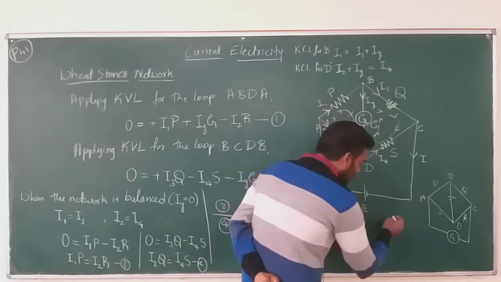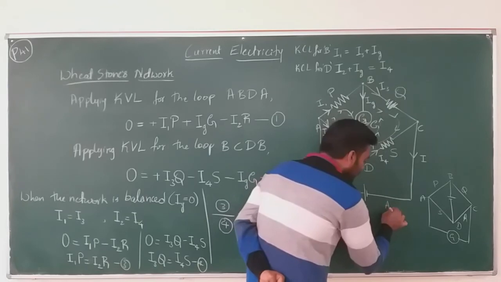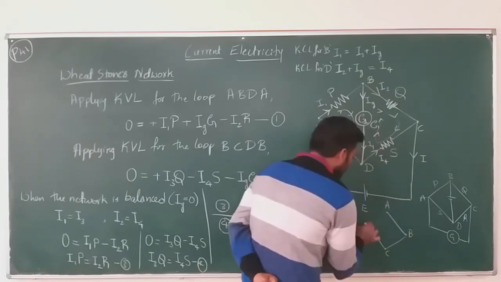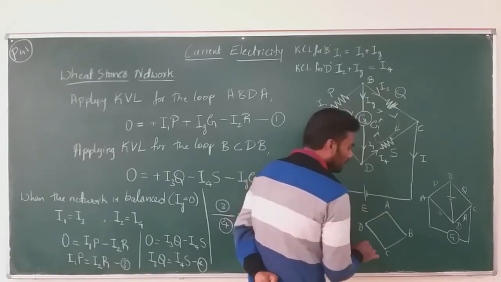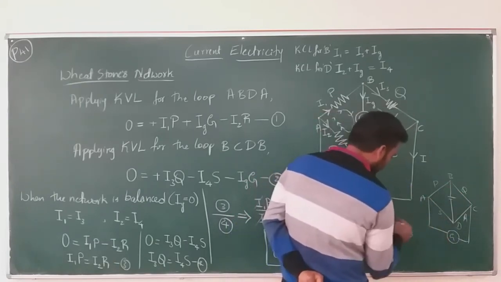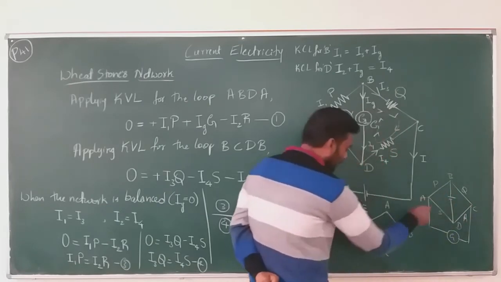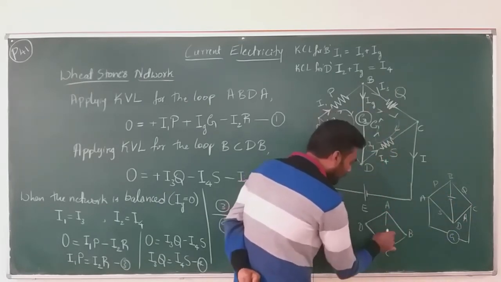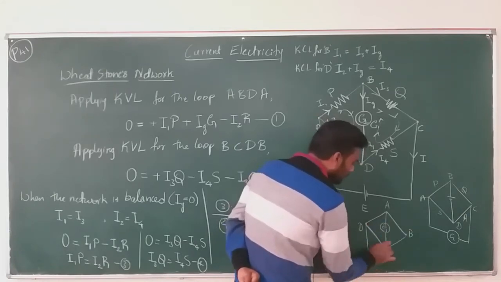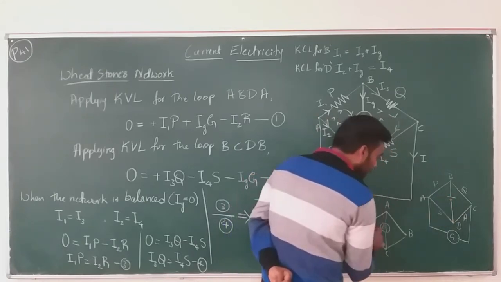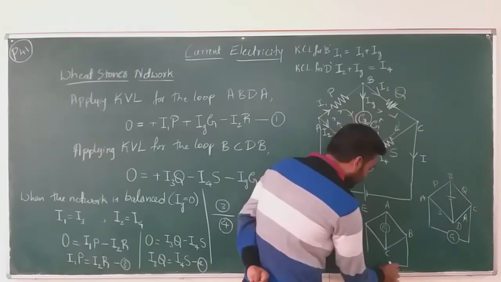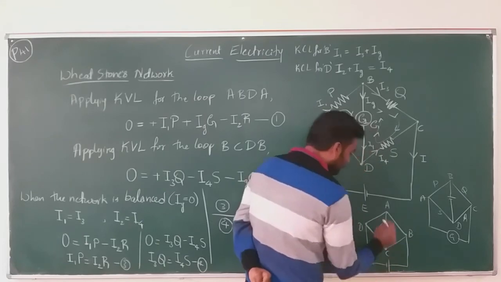So if I rotate it, point A comes here, point B comes here, and C here, D here. Now I have the galvanometer between A and C, and I have the cell between B and D.